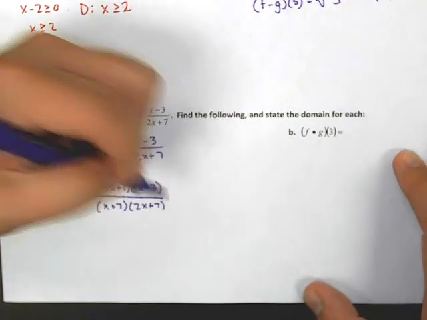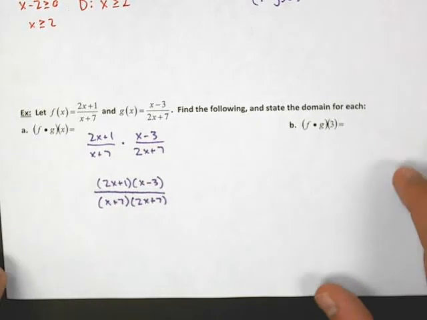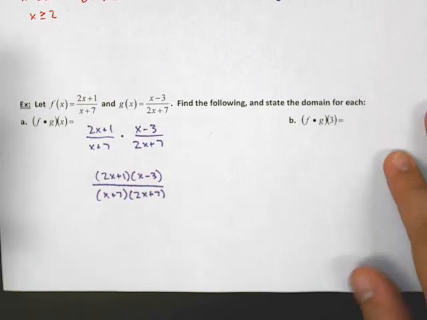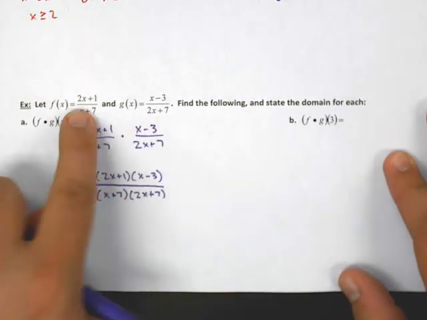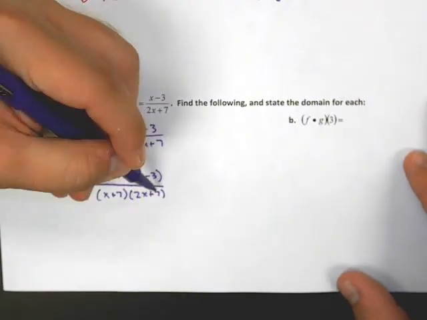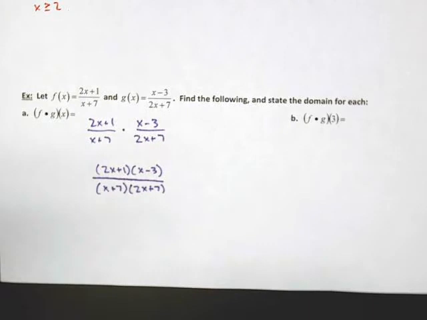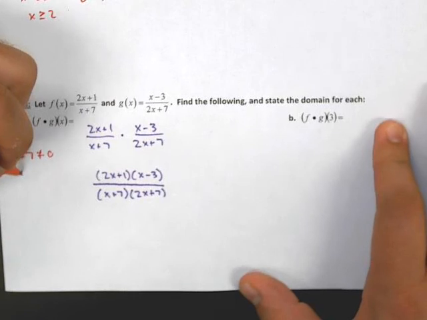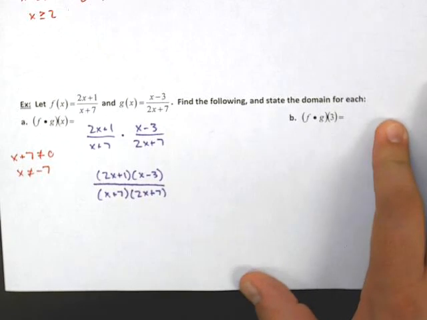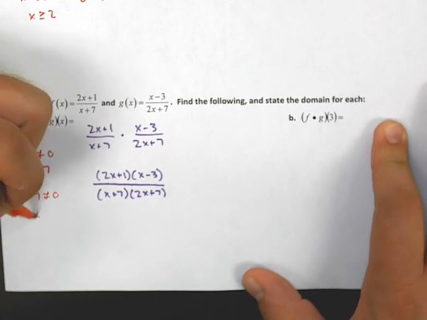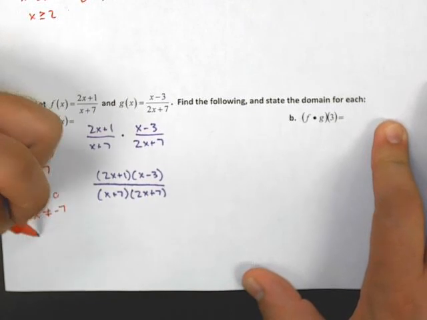2x plus 7. So you have options here. The reason I'm saying you have options is that these bottoms, these denominators, don't change. So you can get the restrictions from either place because they stay the same throughout. So x plus 7 cannot equal 0, so x cannot equal negative 7, and 2x plus 7 cannot equal 0, so 2x cannot equal negative 7, x cannot equal negative 7 halves.